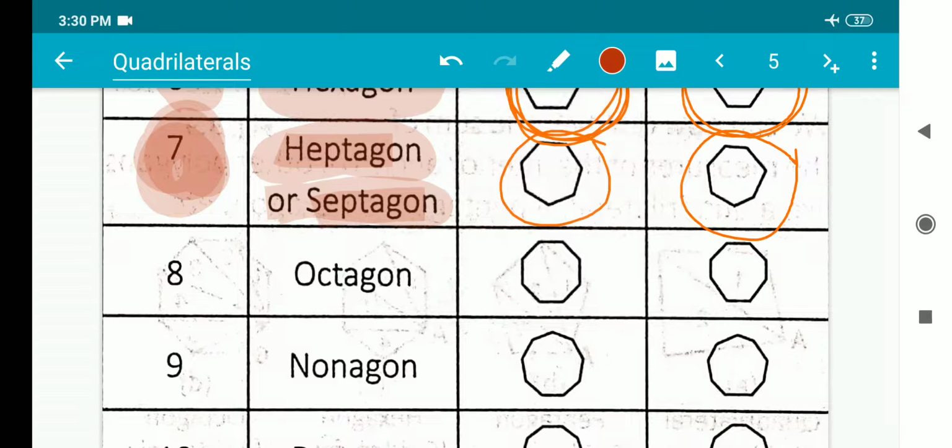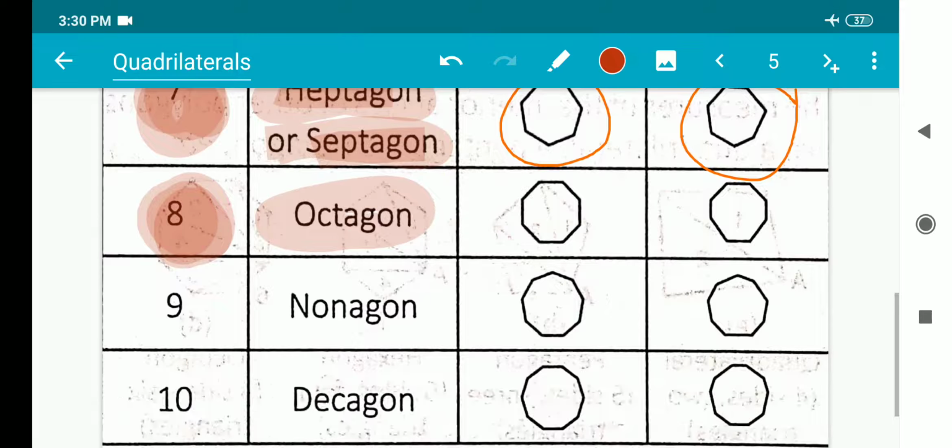And the other one is the octagon. An eight-sided polygon is called an octagon. As you can see, the length of all the sides in this polygon is equal, so it is a regular polygon. Whereas in this diagram you can see that all the sides do not measure equal, so this is an irregular octagon.